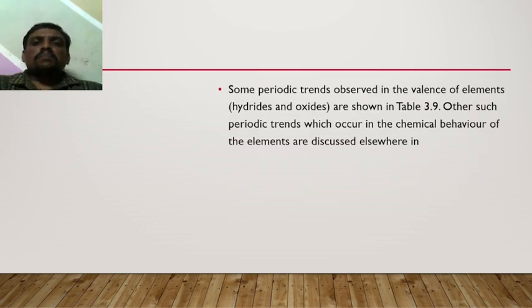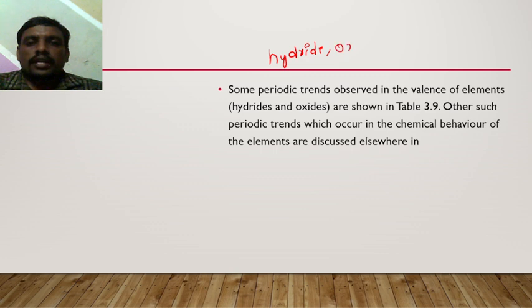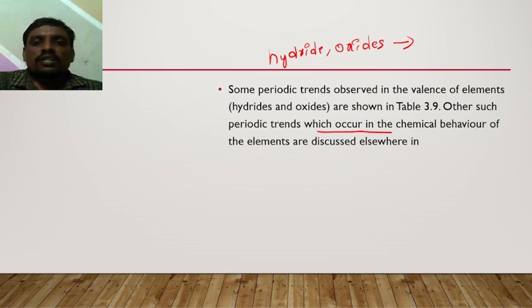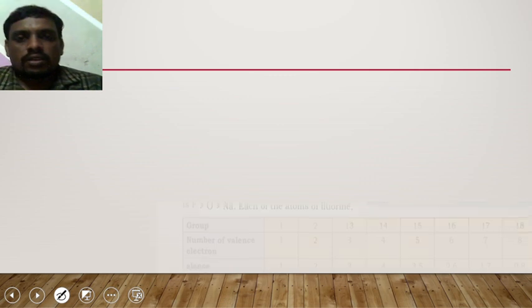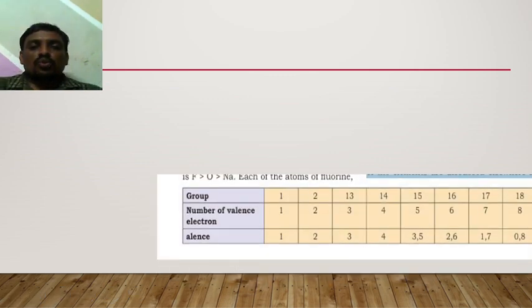Finally, some periodic trends observed in the valence of elements, such as hydrides (potassium hydride, sodium hydride) and oxides, are shown in the table. Other such periodic trends which occur in the chemical behavior of elements are discussed elsewhere. So here you have group 1, group 2, group 13, 14, 16, 17, 18.